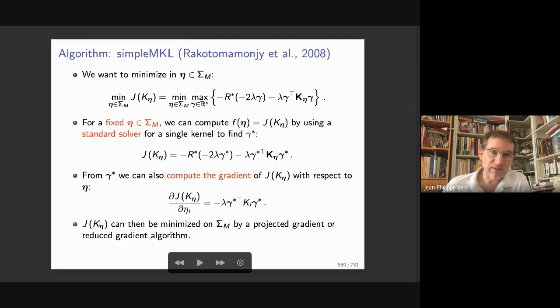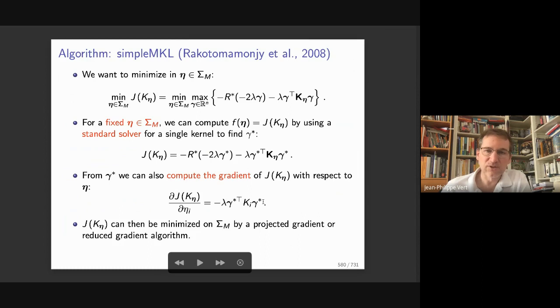It turns out that once you have solved the SVM, the value of J is given by the value that you've computed, and for the gradient in K_eta, a generic theorem tells you that the gradient with respect to eta_i is just minus lambda times gamma star transpose K_i gamma star.